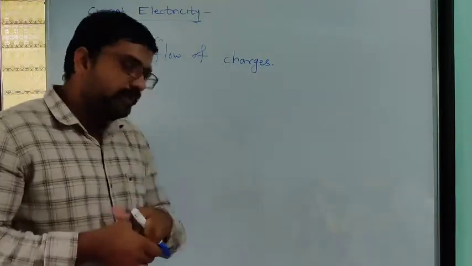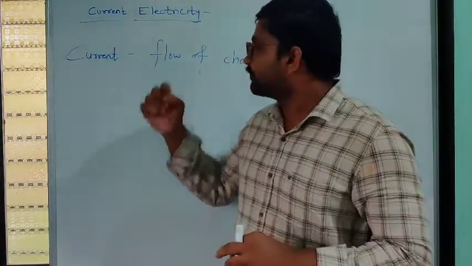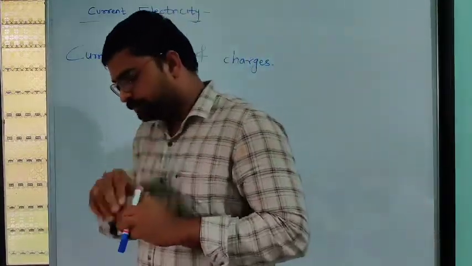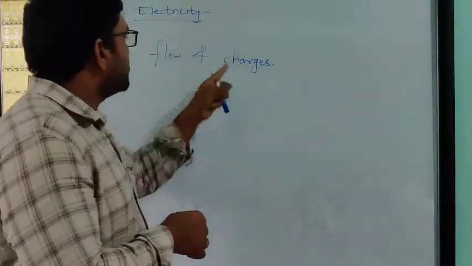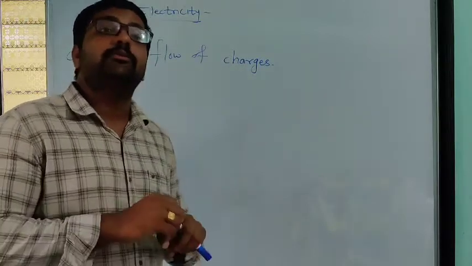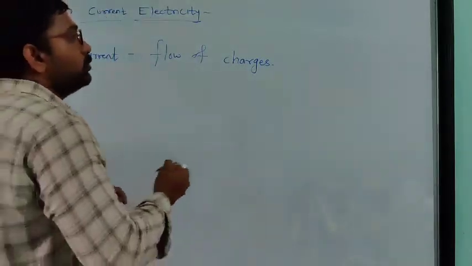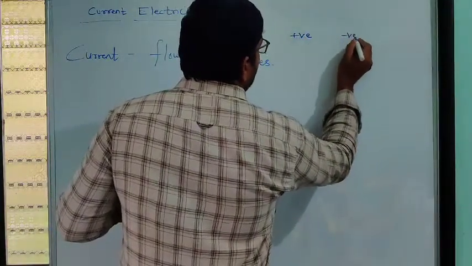First of all, if you see the word current, simply the flow of charges is called a current. There are two types of charges, positively charged and negatively charged.